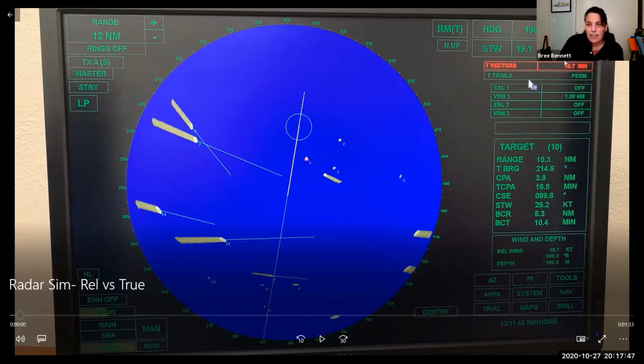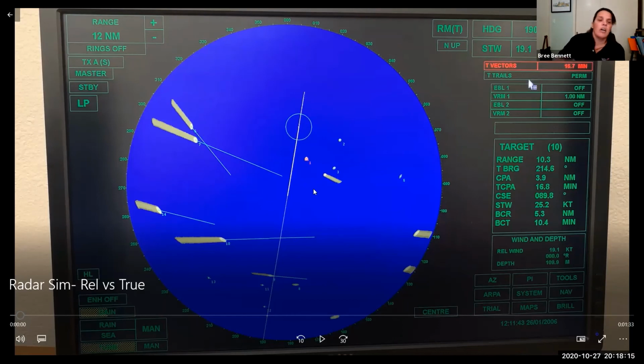In this case, I have set these vectors on true vectors at 16 minutes. So that's saying if I maintain my course and speed and all of these vessels maintain their course and speed, in 16.7 minutes this vessel will be right here. I will be at the end of my line. This vessel will be at the end of theirs, et cetera, et cetera.